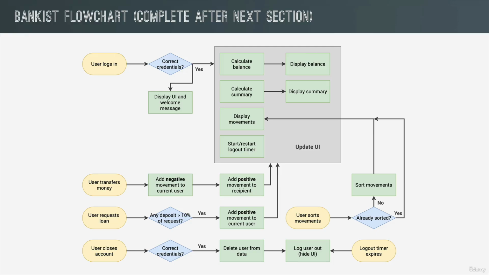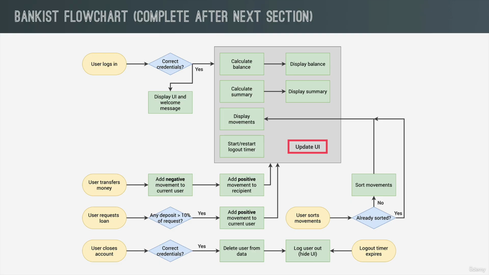So starting there in the top left, as the user logs in, which is one of these yellow actions, so all of these yellow elements here mean some sort of action. So when the login action is performed, we check for the correct credentials, and if they are correct, we display the UI, and then we also update the UI.